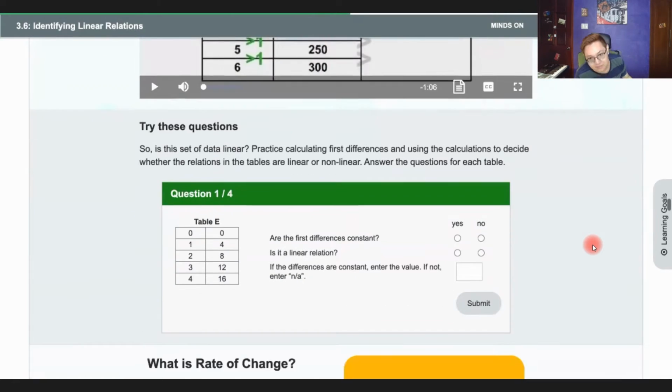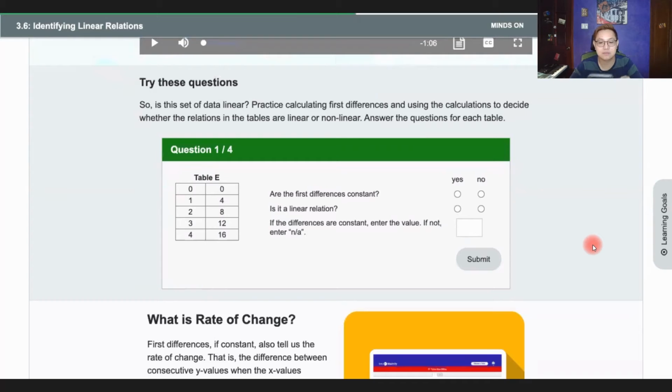I already watched the video, so try this question. Is this set of data linear? Practice calculating first difference and using the calculation to decide whether the relations in the tables are linear or nonlinear.